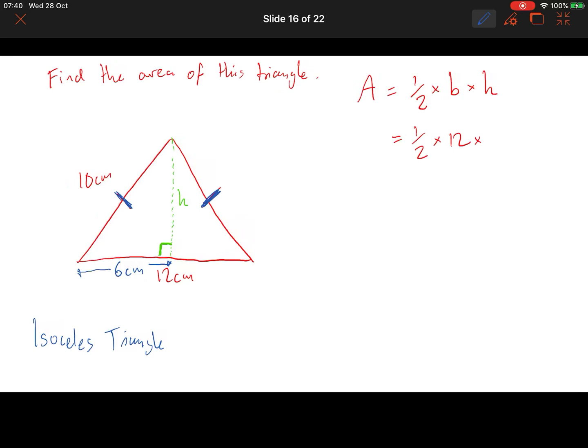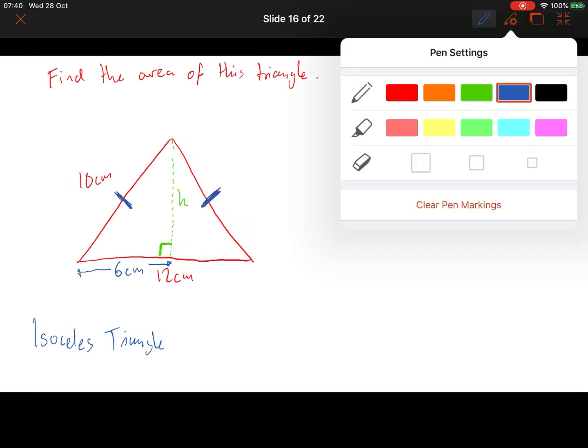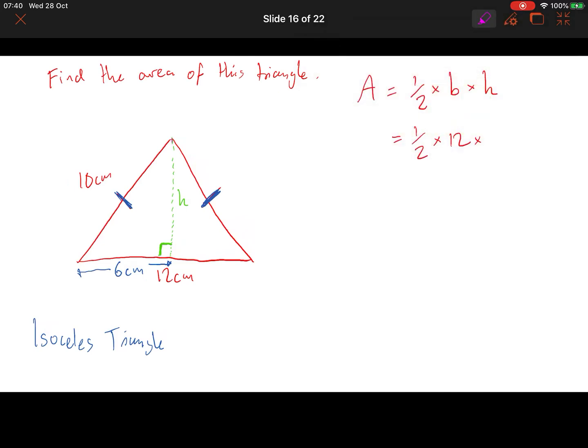I only know that because it's isosceles, so I'm cutting that triangle in half. And look what we've got there: a right-angled triangle. So we can find out what h is.